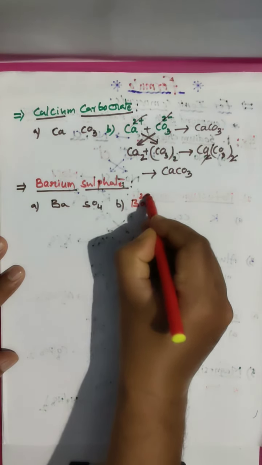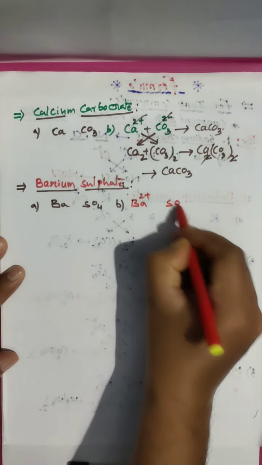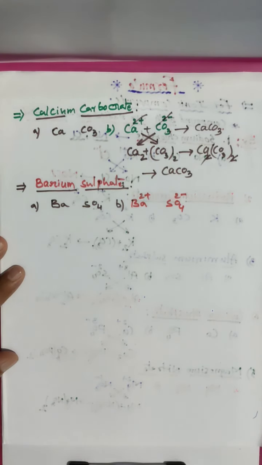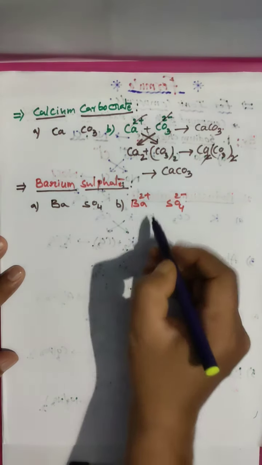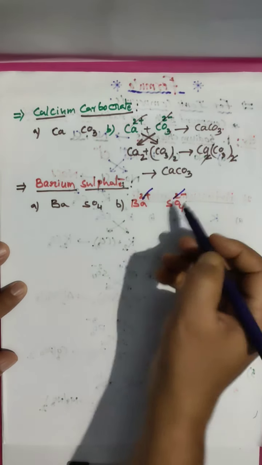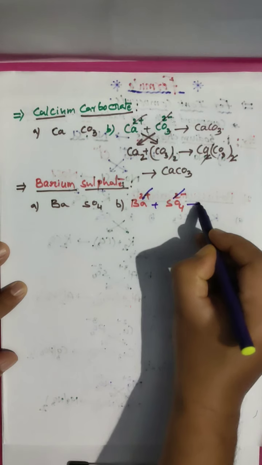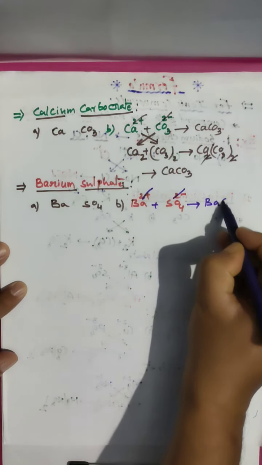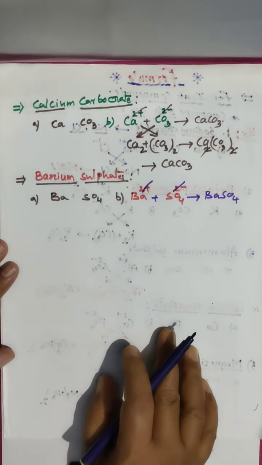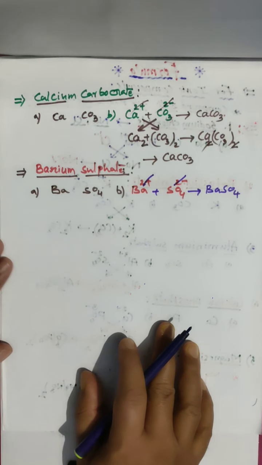Barium charge +2, sulfate charge 2-. These charges you have to learn compulsory, by heart. Same amount of negative positive charge is there. You can cancel and simply you can add and BaSO4, barium sulfate. Clear? Barium sulfate.